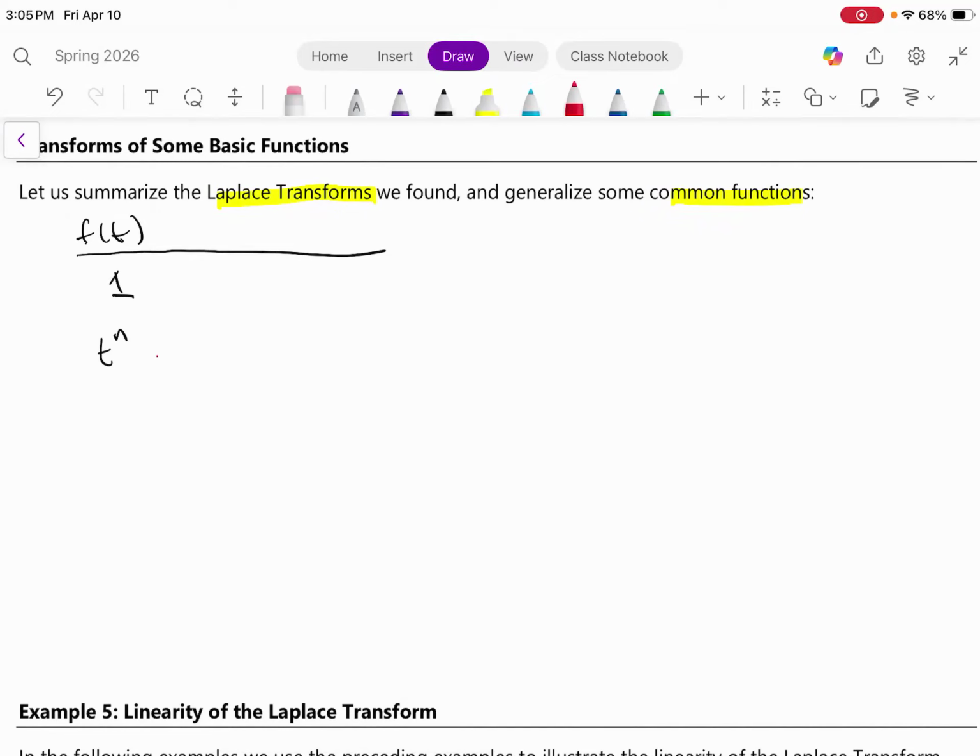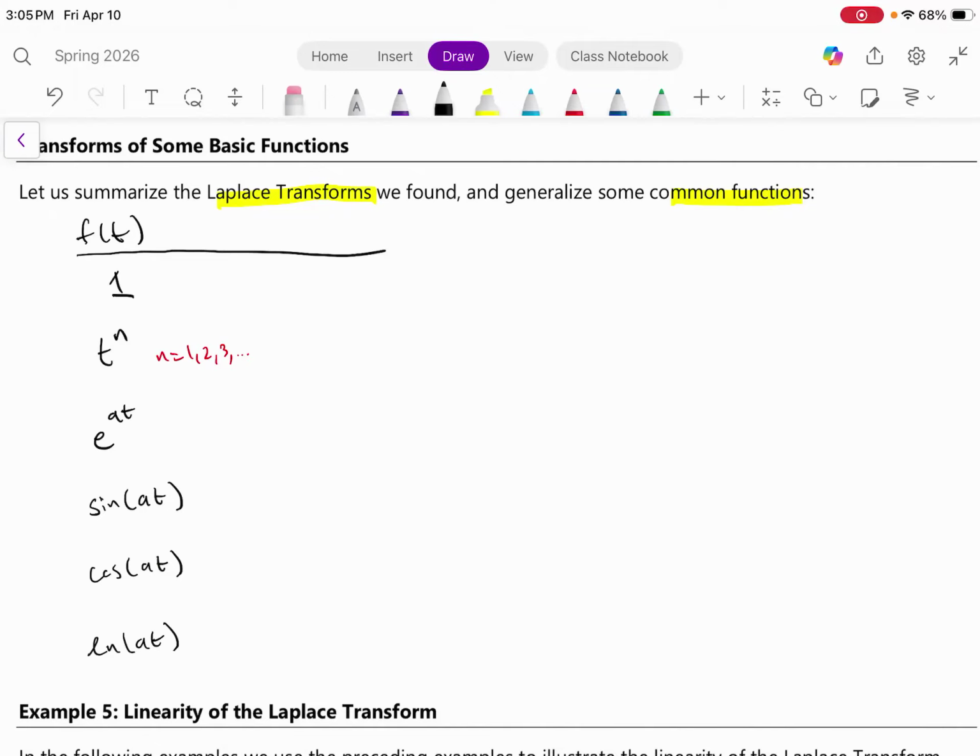This could be for n equals 1, 2, 3, etc. So t squared, t cubed. We've also looked at exponentials, so in general e to the at. We've looked at sine of 2t, so we could say sine of at. And so we don't have to go out and find cosine, we'll say cosine of at. And then one thing we haven't found yet is natural log, but I want to make a note of that in this table.